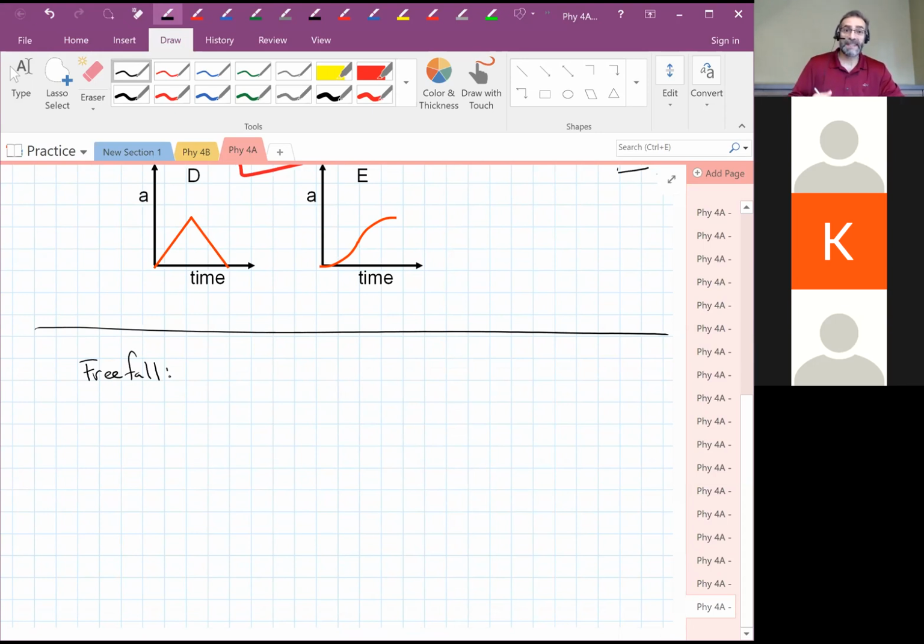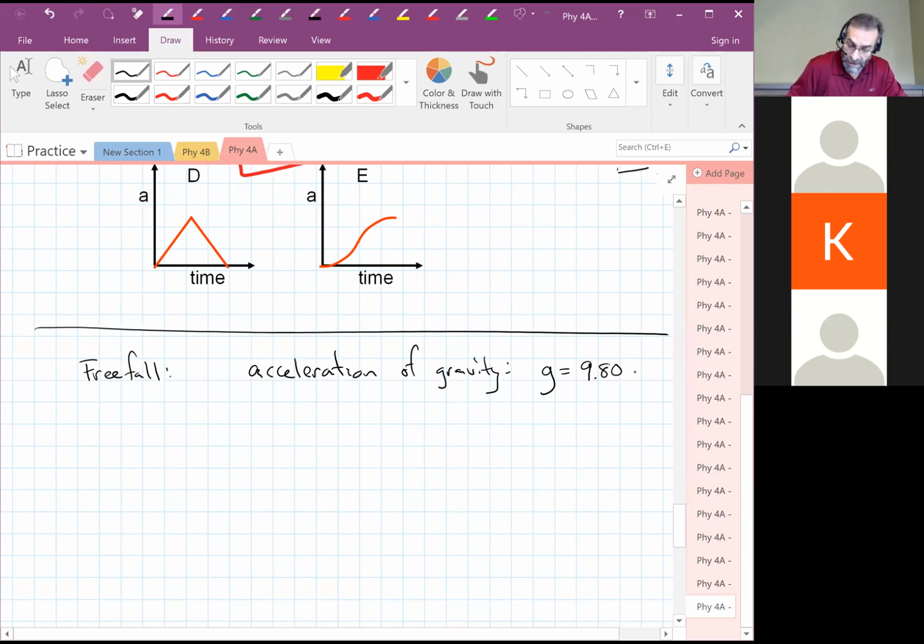And that means we know what the acceleration is, because the acceleration of gravity, lowercase g, is 9.8 meters per second squared.